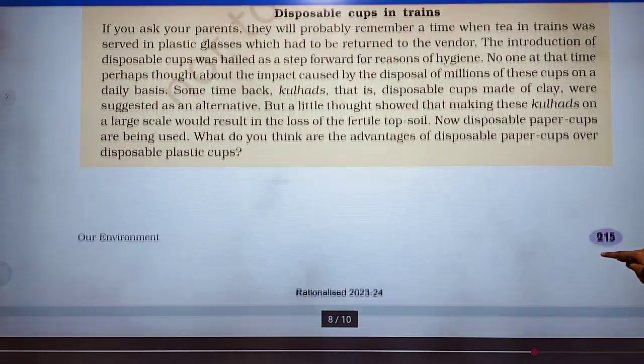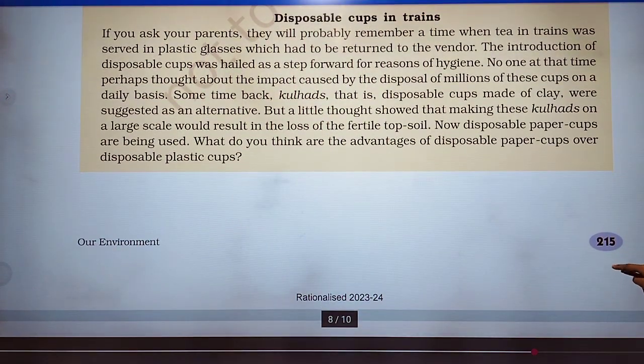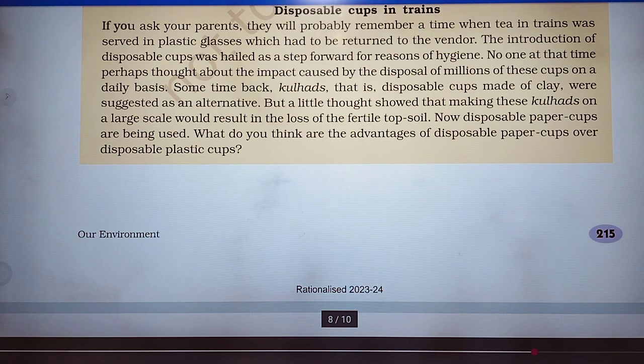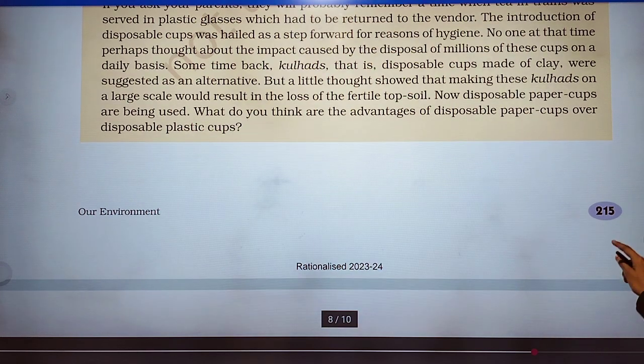So these are the advantages of paper cups.